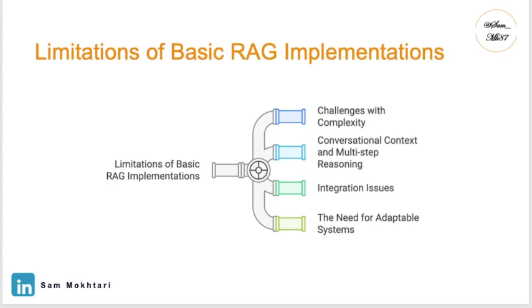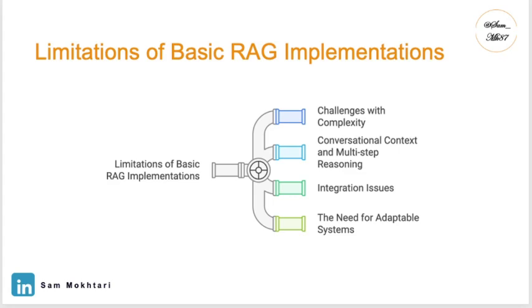The basic RAG system also struggles with tasks that need multiple steps. For example, if you ask the RAG system to find some information and then compare it with something else, these types of systems might just do the very first part and ignore the rest of the steps. These systems are also not very flexible.